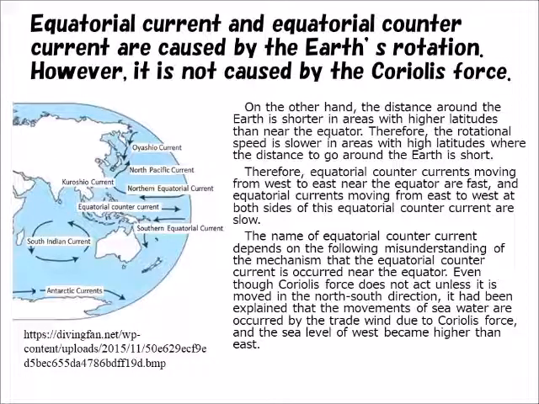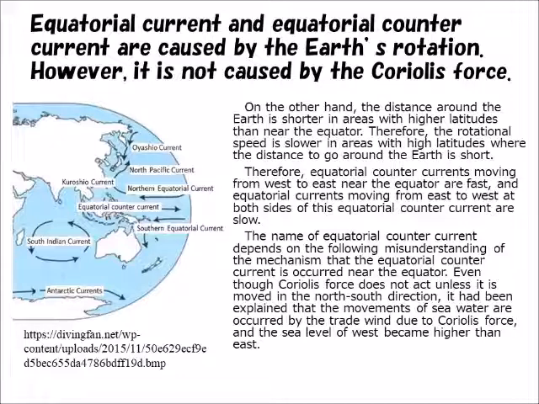On the other hand, the distance around the Earth is shorter in areas with higher latitudes than near the equator. Therefore, the rotational speed is slower in areas with high latitudes where the distance to go around the Earth is short. Therefore, equatorial counter-currents moving from west to east near the equator are fast, and equatorial currents moving from east to west at both sides of this equatorial counter-current are slow.